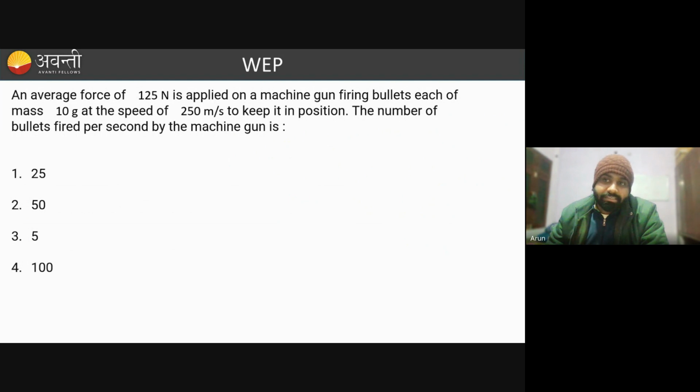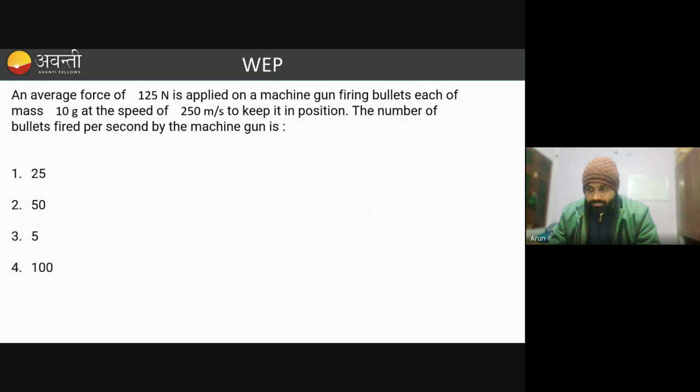So the momentum is imparted in the opposite direction of the firing of the bullets. That is why we need a force to hold the machine gun, because as the bullets move, they impart momentum, or they apply a force in simple words, in the opposite direction to the machine gun. How much force is applied is calculated on the basis of the change in momentum of the bullets. Initially, they are at rest. When the trigger is pulled, they are moving with a very high speed.